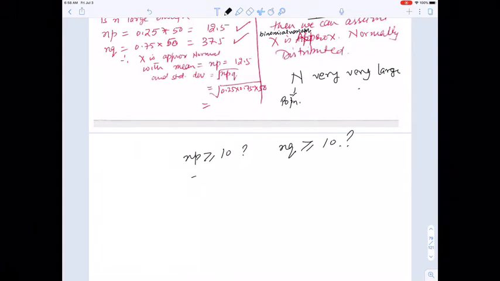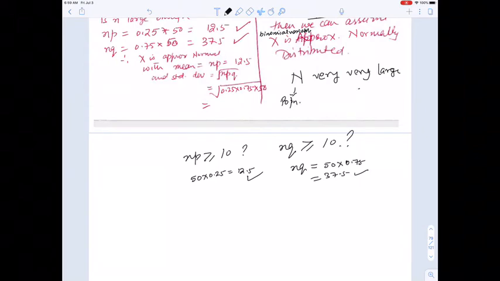np is, n is 50, p is 0.25, so this is 12.5. So yes, it is greater than 10. nq is equal to 50 times 0.75, that is 37.5, which is definitely greater than 10.